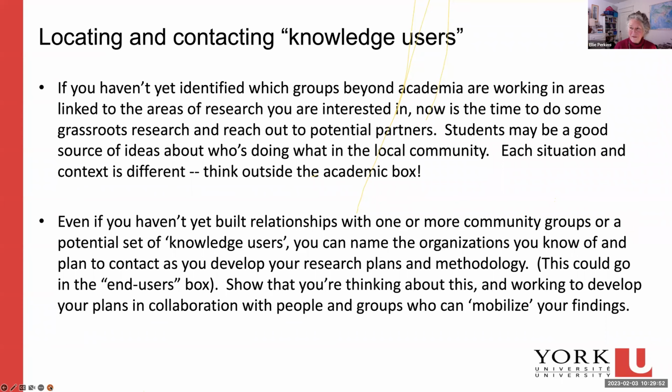So if you haven't yet found a knowledge user, an organization, or a union, or even some progressive politicians who are really hankering for particular kinds of information, now is the time to start thinking about who those people are. And you should reach out to them and indicate in the end users box who these groups are and what the potential is for working with them as research partners.